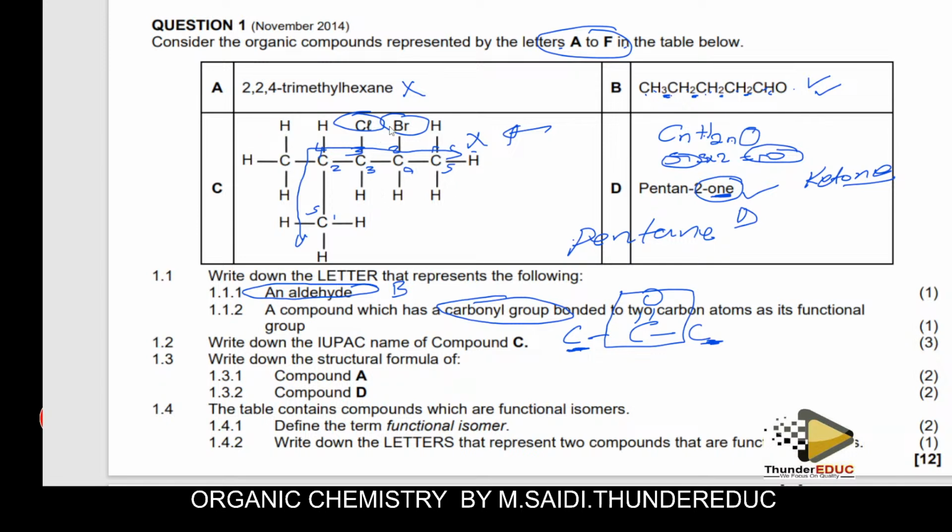I have the bromine, the chlorine, and I have the methyl, this one, because we didn't count it. It's going to be on carbon atom number 4.